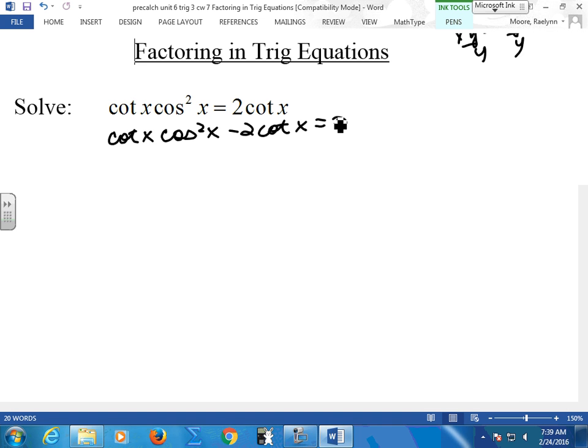Now, do those terms contain a common factor? A common variable? Yes. But x doesn't go by itself. It's either cotangent x or cosine x. So do they contain the same trig function? Cotangent. So let's factor out a cotangent. And what's left?